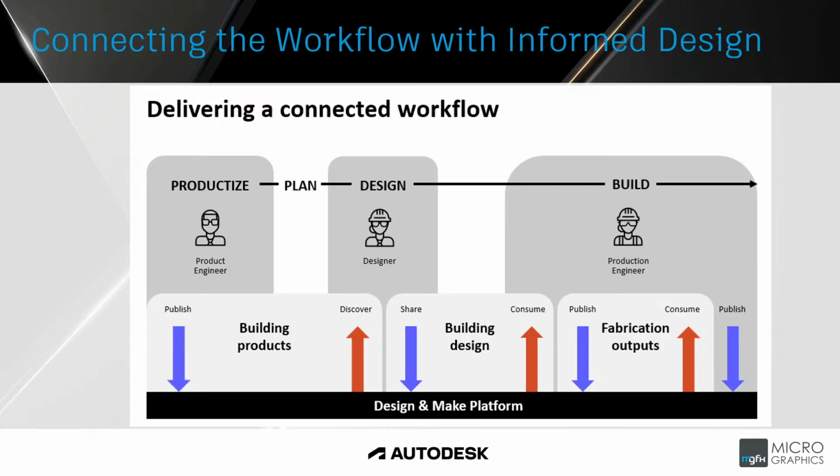Plan and design: designers discover and share these products, integrating them into building models to ensure they're accurate and compliant. Build: production engineers will consume shared designs and publish fabrication outputs, and this will enable smooth transitions down the line, especially when we think about concept to construction.